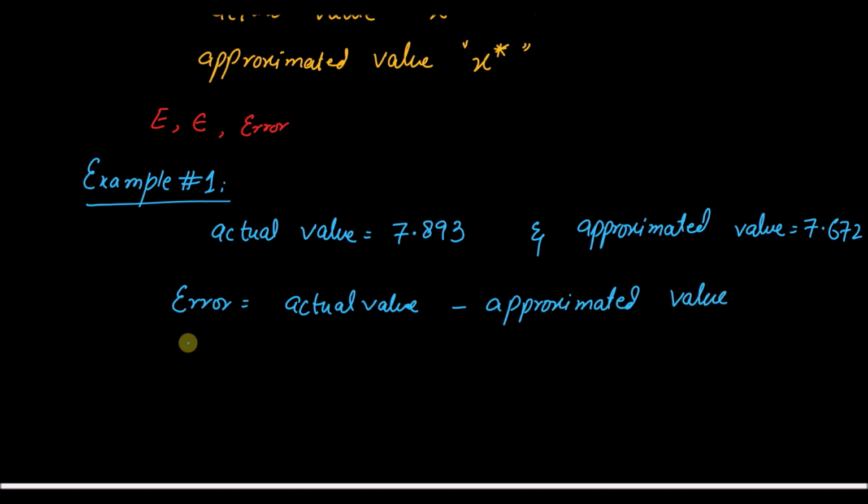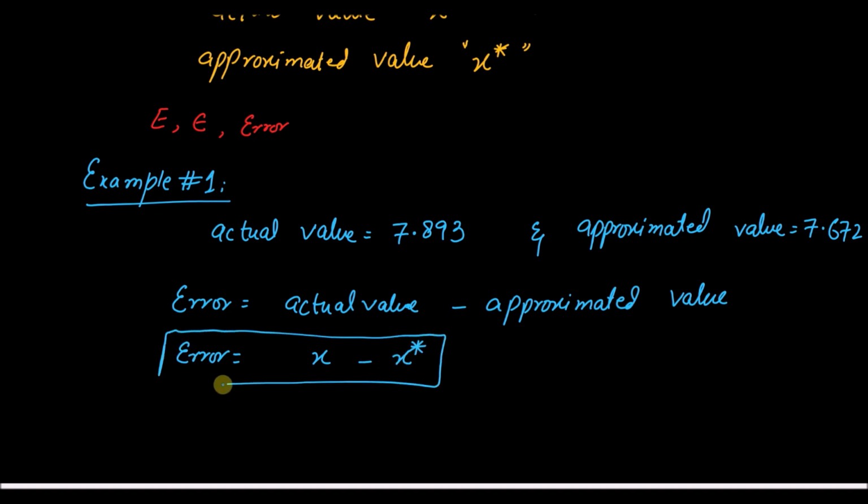This is the formula basically. In other words, you may write it as actual is x and approximated is x bar. So we write the formula here also: epsilon is equal to x minus x star. That is the formula for calculating the simple error.